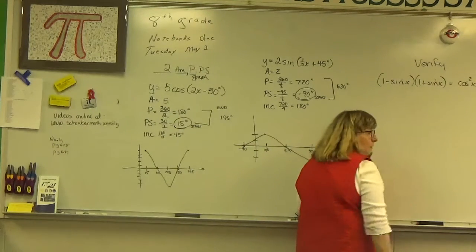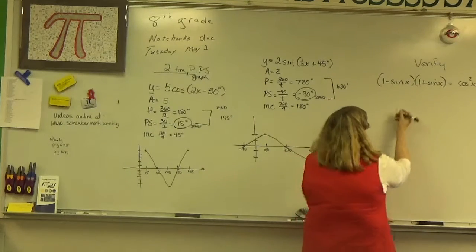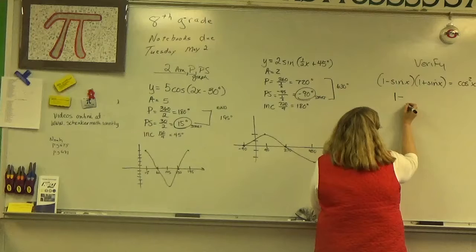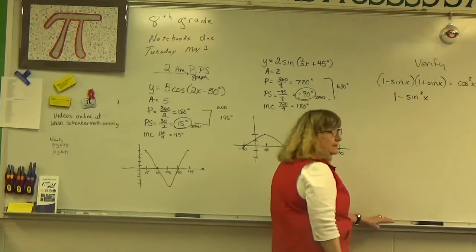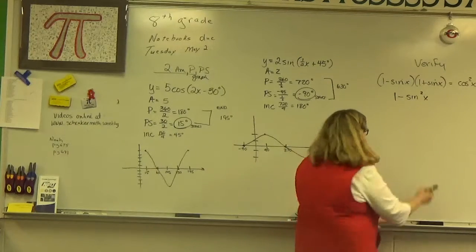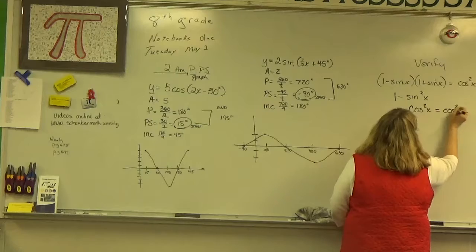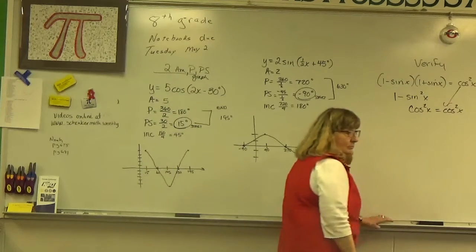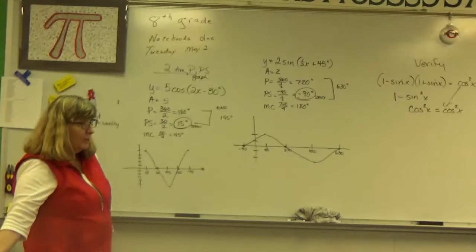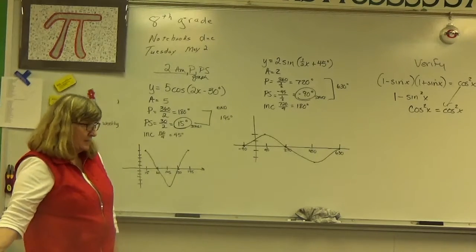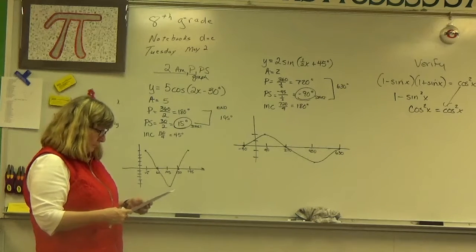The one with the most stuff, the left side. So wouldn't we FOIL that? Yeah. So we end up with first times first, the inner and outer cancel, and last times last. What's 1 minus sine squared? Cosine squared. Okay, are we good on a verify? It is very basic. There's not much to it, other than know your 8 identities there.